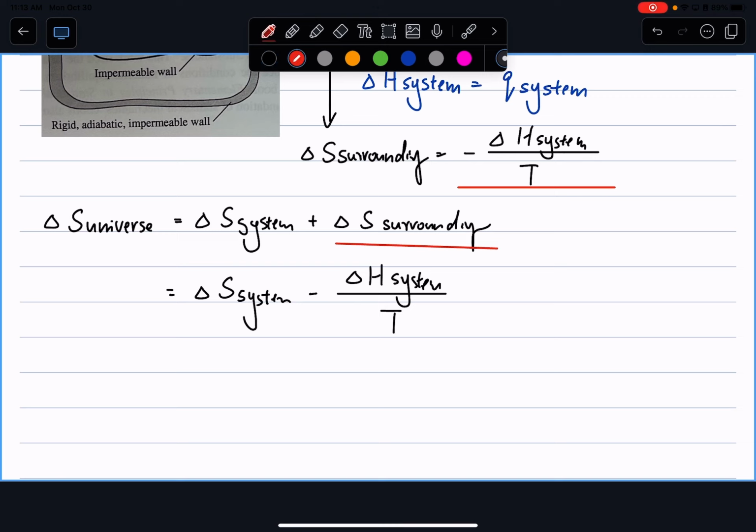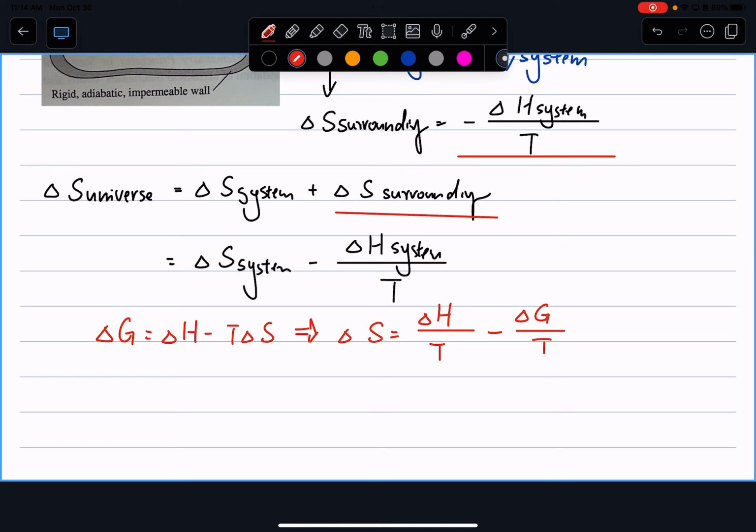So we can write delta G equals delta H minus T delta S at constant temperature, which is effectively the same as saying delta S equals delta H over T minus delta G over T. All right, we're just moving the terms, assuming constant temperature.